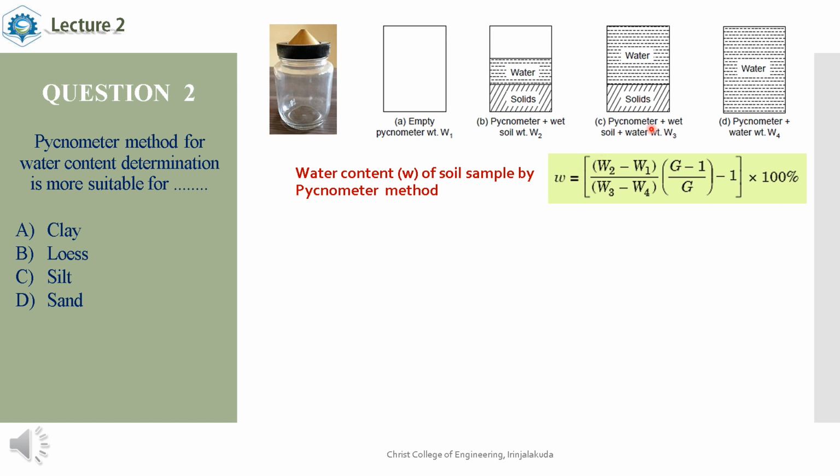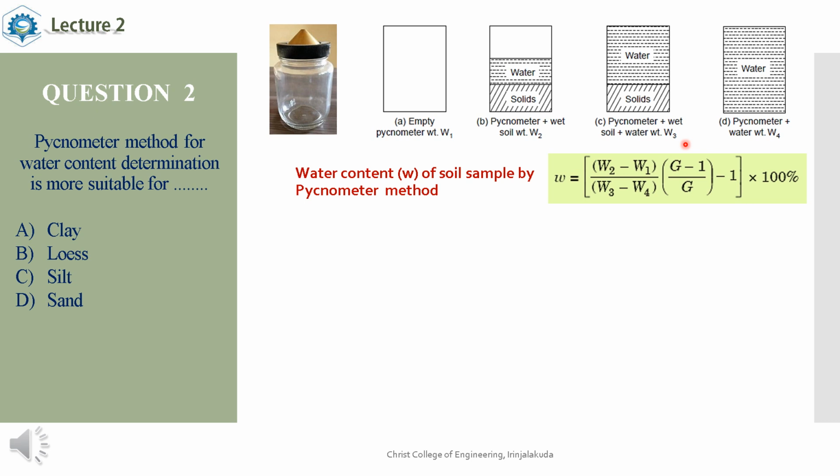After that we continue filling it with water till it is filled flush with the hole in the conical cap. You can see here a conical cap, and there is a hole at the top of this. Up to that we fill it with water, and take the weight, which we denote as W3.